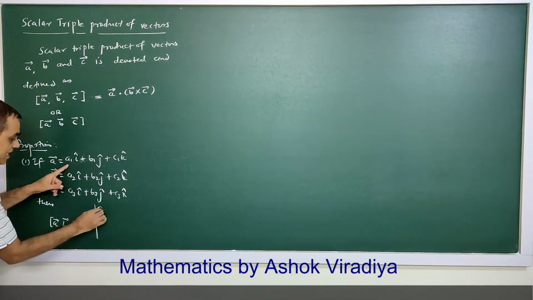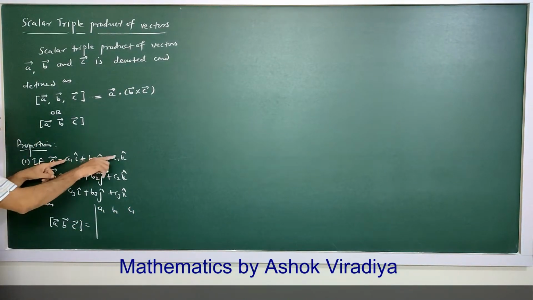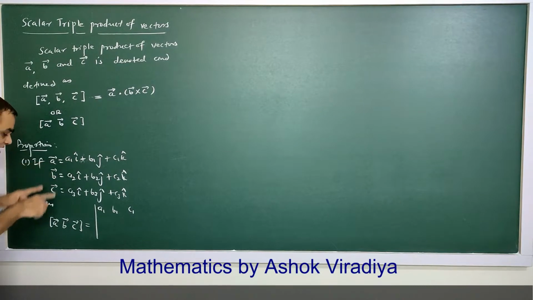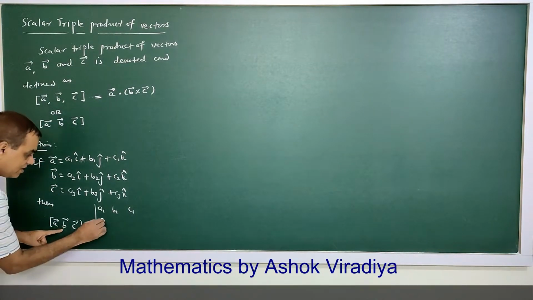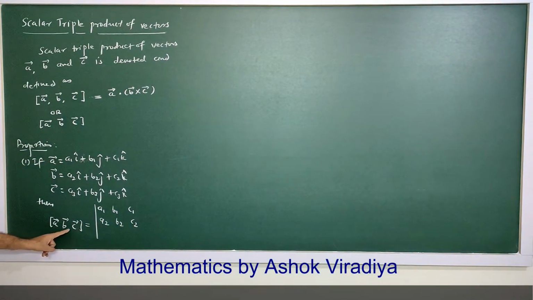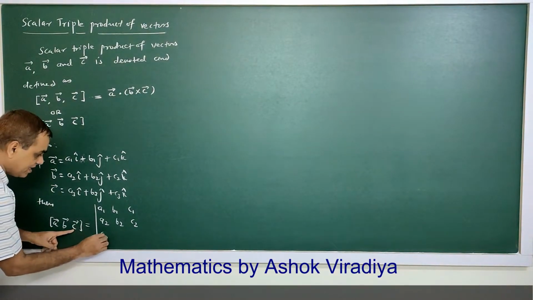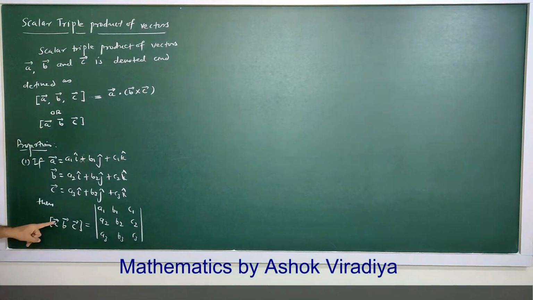First row A1, B1, C1, that is the scalar components of vector A. Then put the scalar components of vector B, that is A2, B2, C2. Then put the scalar components of vector C, that is A3, B3, C3. So put in sequence components of vector A in the first row, components of vector B in the second row, and components of vector C in the third row.